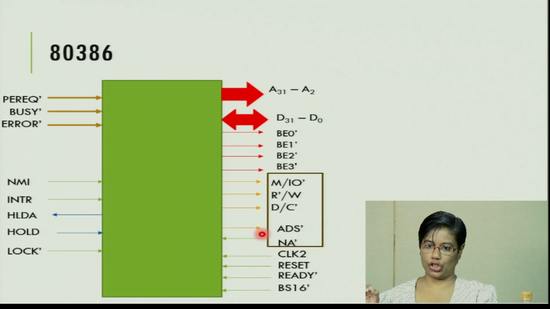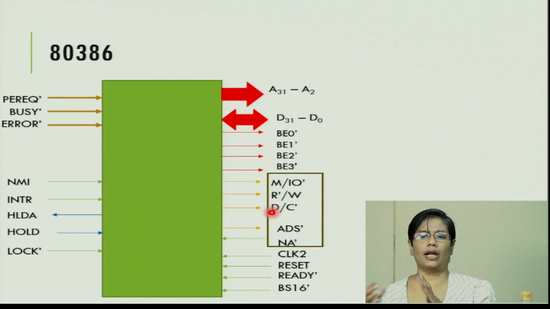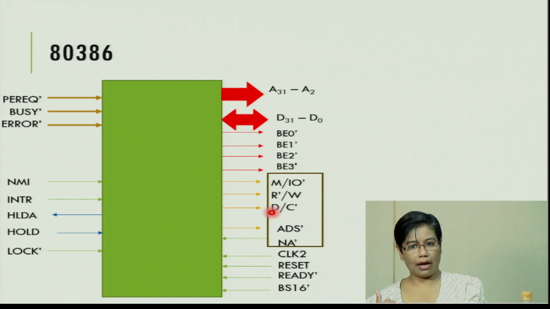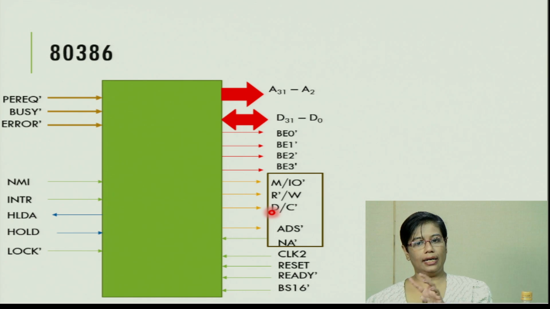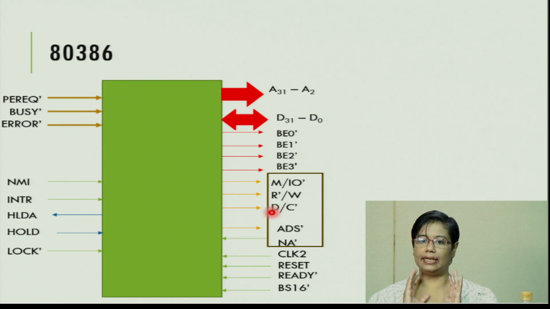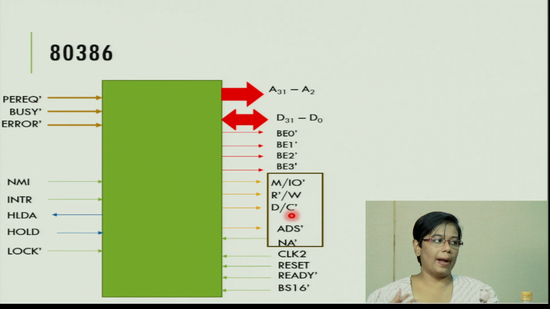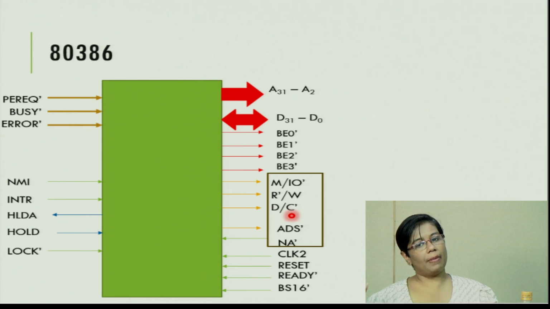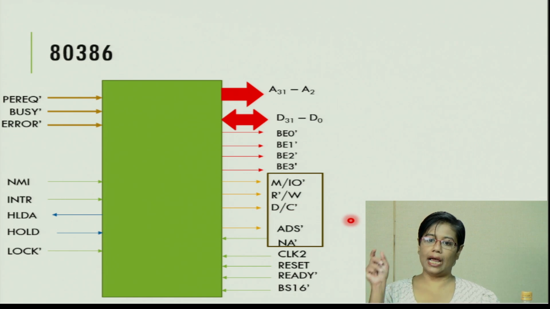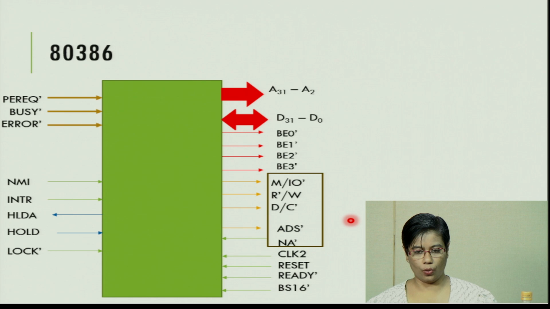If this signal is high, it means some kind of data transfer is taking place: data from memory, data written into memory, data read from an input device, or data written into an output device. If this signal is low, it means some kind of control transfer is taking place, such as an interrupt acknowledge bus cycle. So data when high, control whenever it is low.